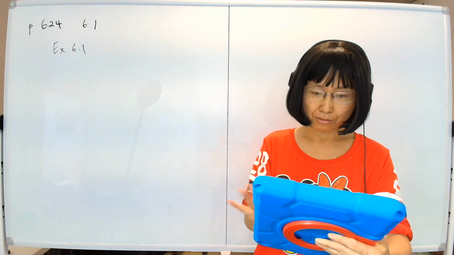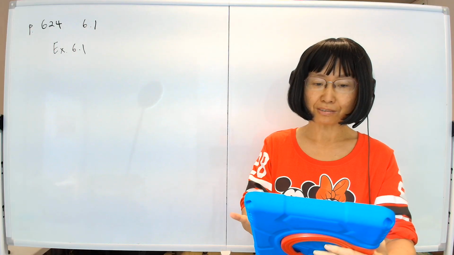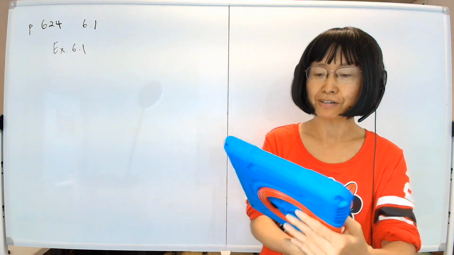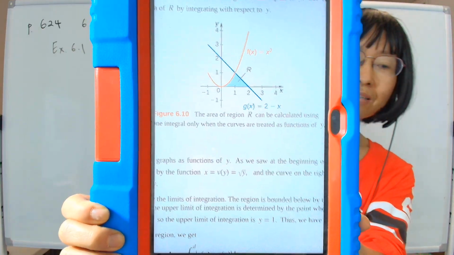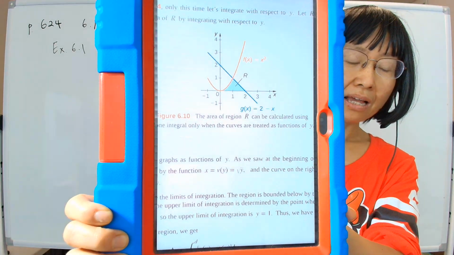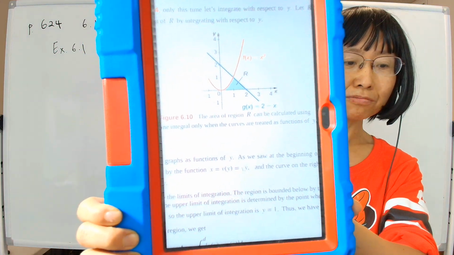Example 6.5 wants you to redo example 6.4 by integrating sideways. Now, the benefit of integrating this thing sideways is that then you don't have to have two functions so much. You only do one function.